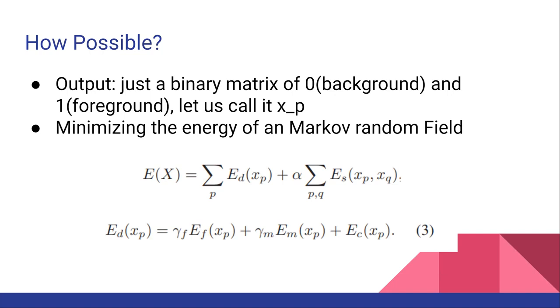All the terms we're describing here only use one simple channel, which is the intensity channel, the grayscale converted from the RGB values of the original pictures. So we only consider the first term, which is the E_D(xp) term. The E_D(xp) term is some weighted factor, gamma F and gamma M, times the EF energy and the EM energy, and the color term. And we also skip the color term because we ran out of time.